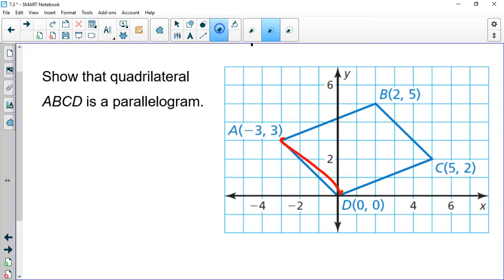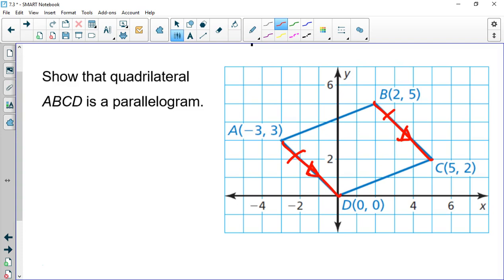Let's say we wanted to take this line segment and this line segment. If we can prove these two congruent and parallel, meaning the same slope, we know we have a parallelogram. That's all we need to do.